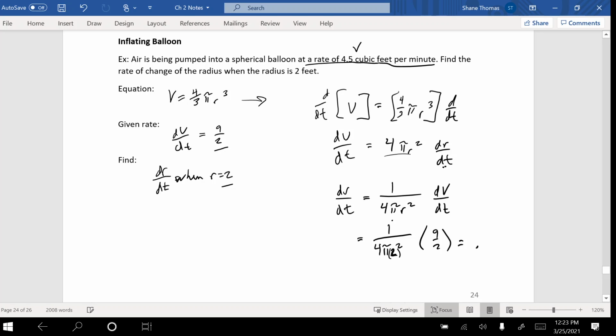If you want to trust me on that, it'll be 0.09 per minute. And that would be every minute it's increasing by 0.09 feet. All right, still with me? Yes. It's really slow, yeah. 4.5 cubic feet a minute, that's not much at all.